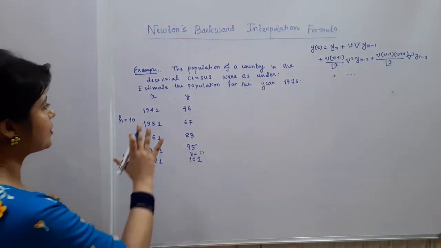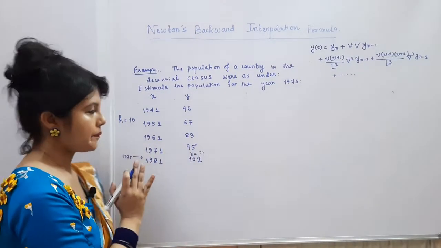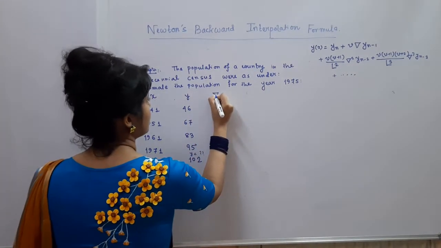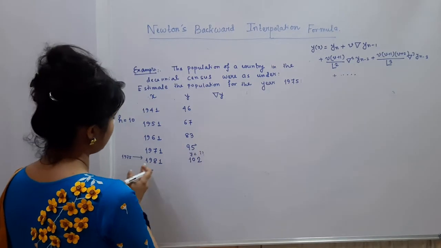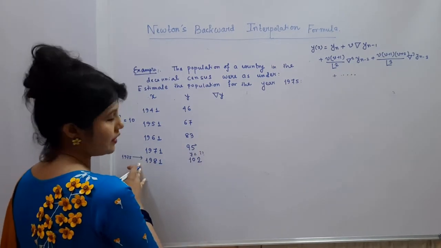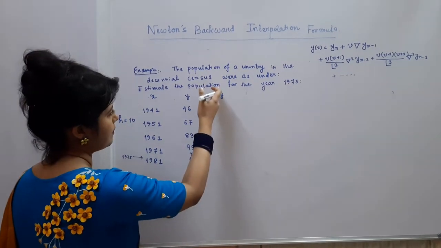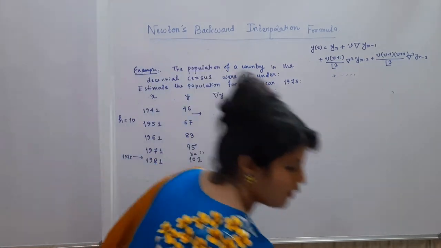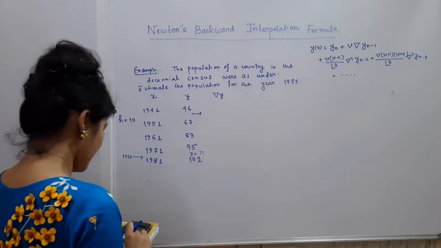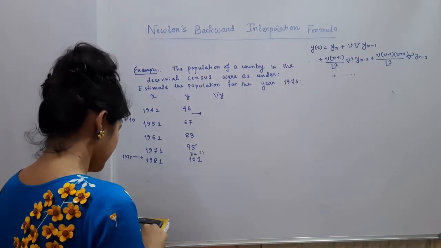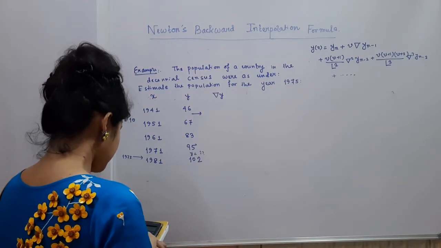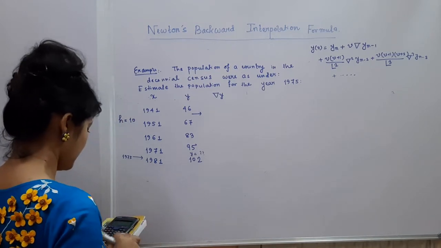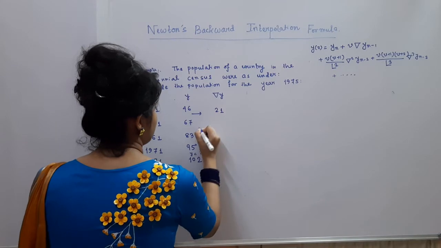Now I have to calculate the difference table first. Since here we have to use Newton's backward difference formula, I am writing this backward operator here. Now I have to calculate the differences: 67 minus 46 equals 21.